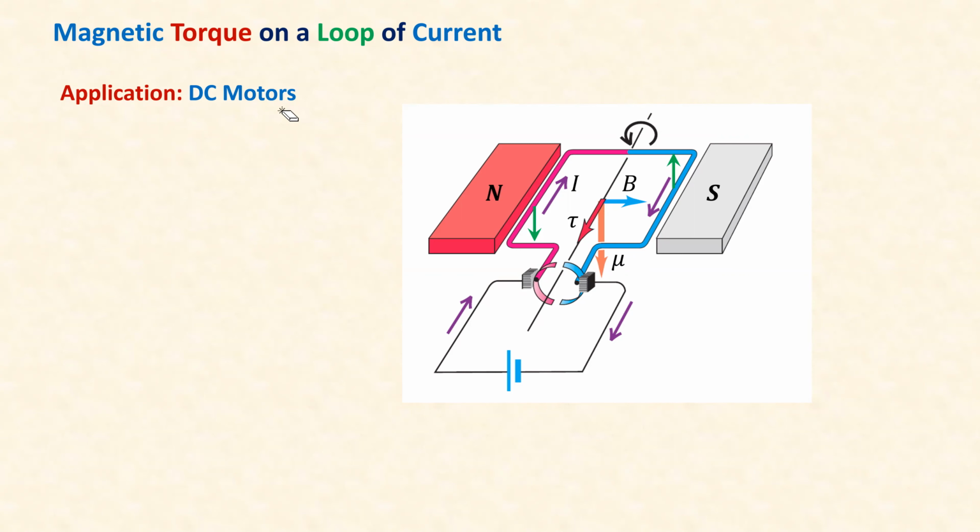Each one is about 5-6 minutes and explains in detail how this part, especially the commutator, switches the current. As soon as this side gets up here, the current is reversed. Then again, on this side the force is always down, and on this side the force is always up. So it keeps turning the loop.